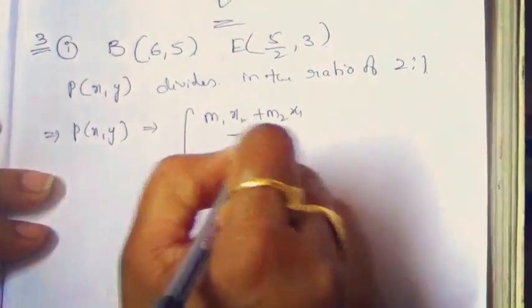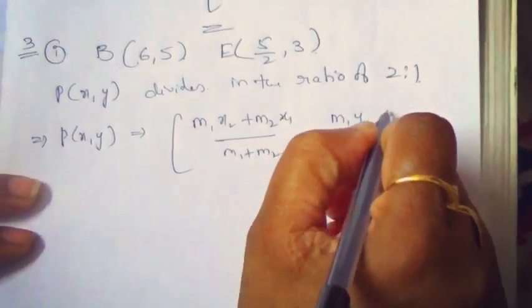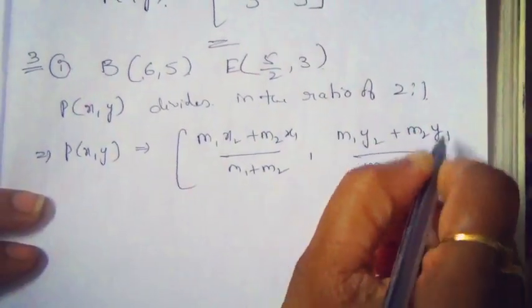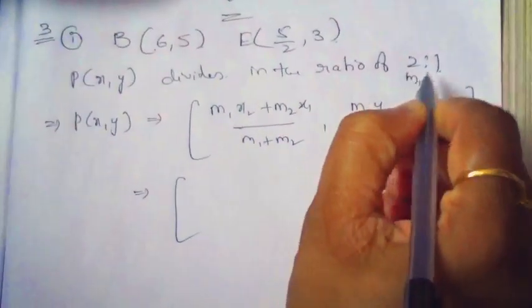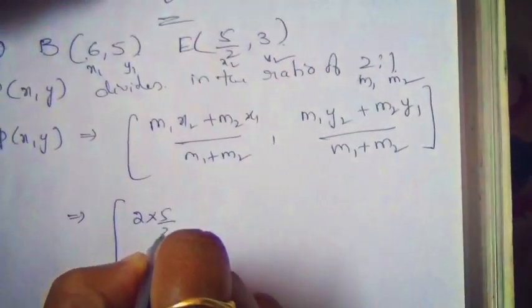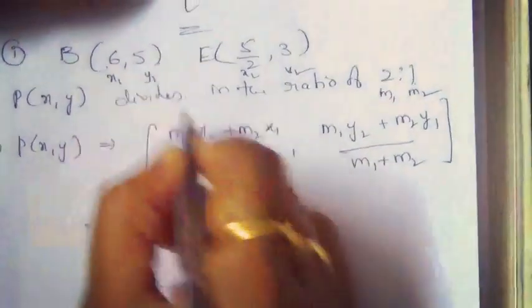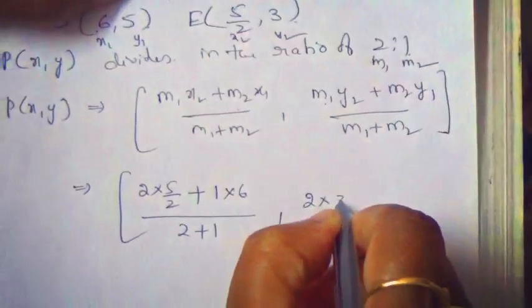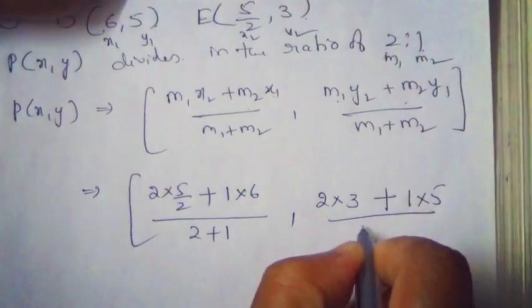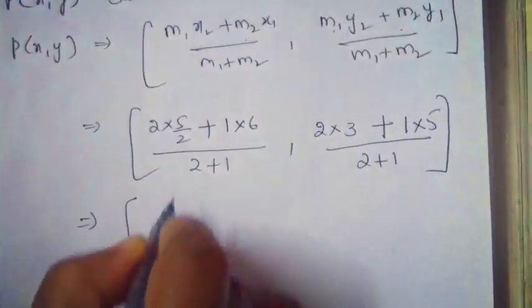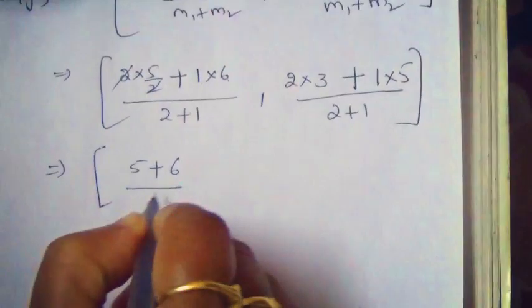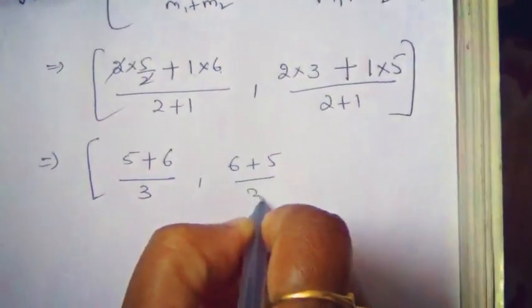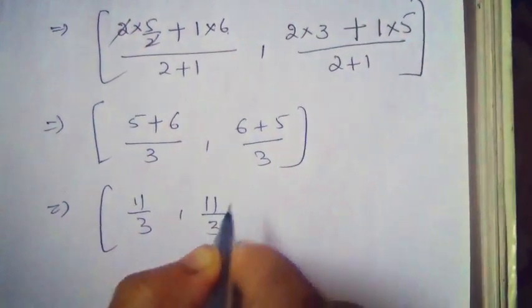Let us take m1, 2, into x2, 5 by 2, plus m2, 1, into x1, 6, by 2 plus 1, comma m1, 2, into y2, 3, plus m2, 1, into 5, by 2 plus 1. 2 cancelled, (5 plus 6) by 3, (6 plus 5) by 3, that is 11 by 3, 11 by 3, that is P of (x, y). Here and here we got the same answer.